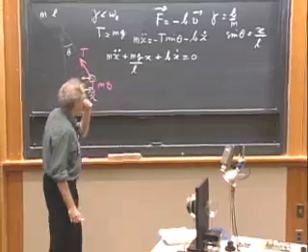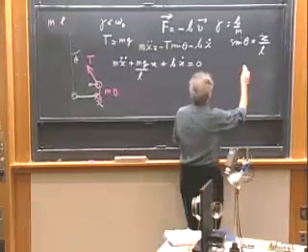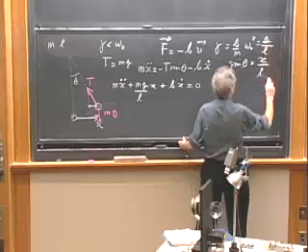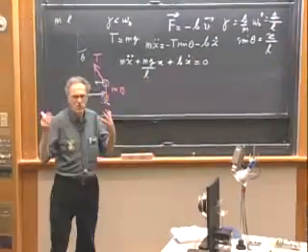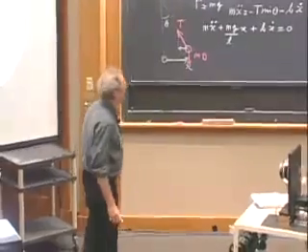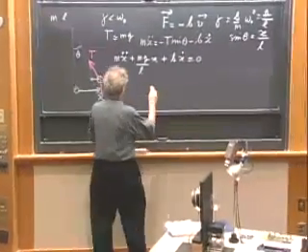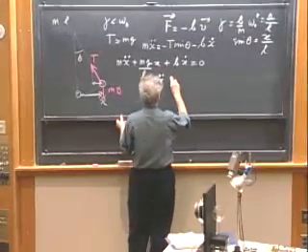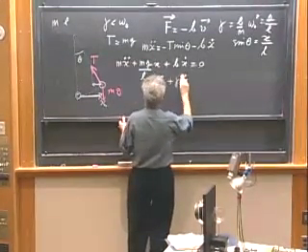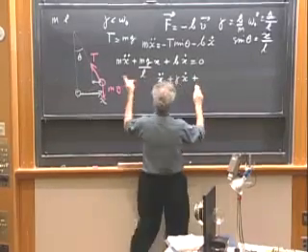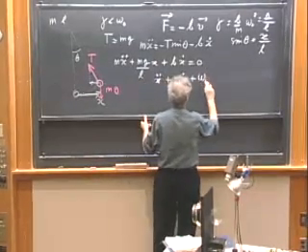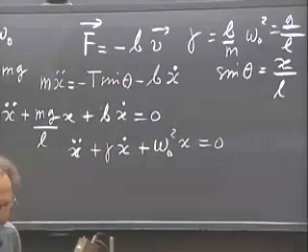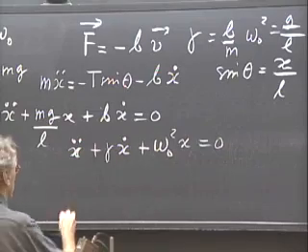So now I divide m out, and I also use the shorthand notation that omega 0 squared is g divided by L. These are shorthand notations which give you a little bit more insight when you see the solutions. And so that gives me now the differential equation that x double dot plus gamma times x dot plus, I divide m out, plus omega 0 squared times x equals 0. And that is the differential equation that you will recognize.